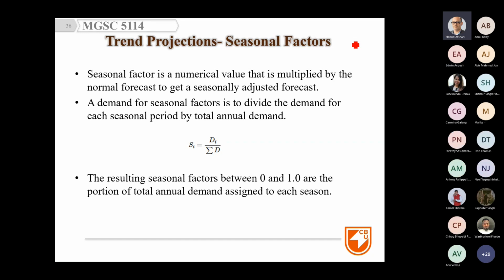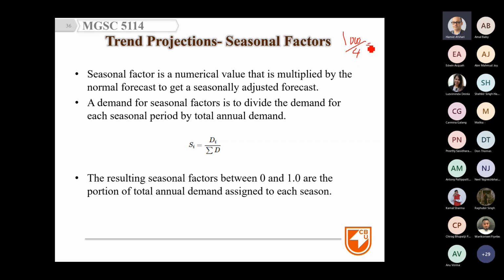So if I tell you that in total we sell 1,000 jackets per year, can you divide it into different seasons? You can equally divide it, and then it will be 1,000, which is the total demand per year, divided by 4.